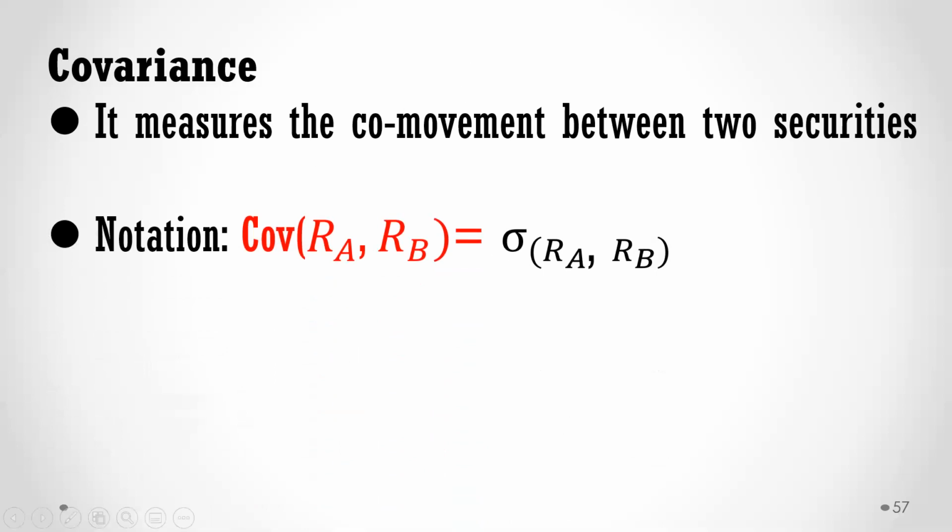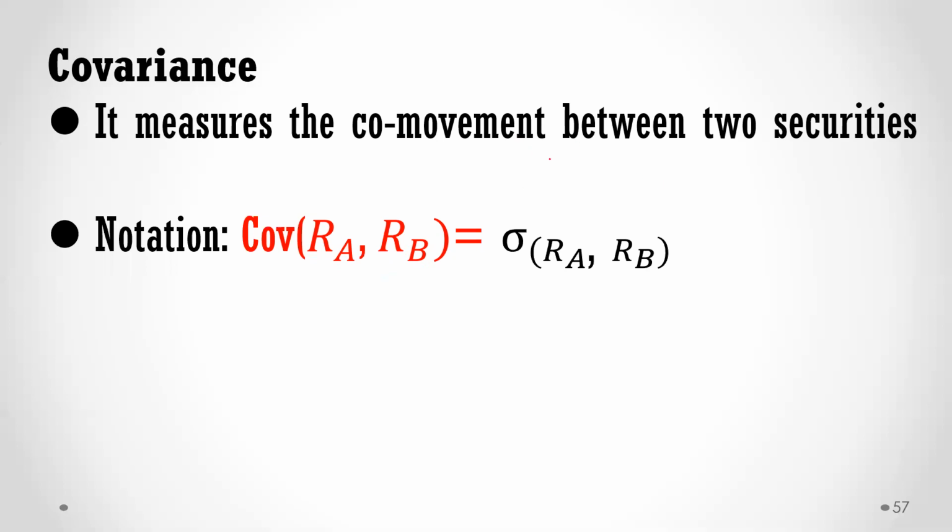Okay, so let's first start with the notation. This is the covariance, COV, between two stocks or two assets, A and B. This is the return of A and return of B. It's trying to capture the covariance between two stocks' returns. And this is kind of confusing.